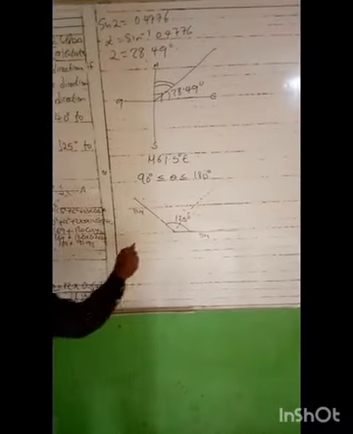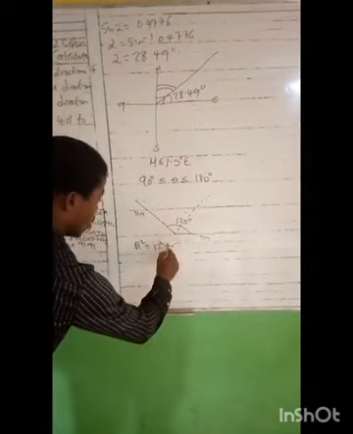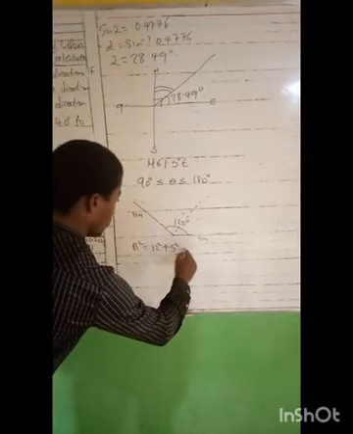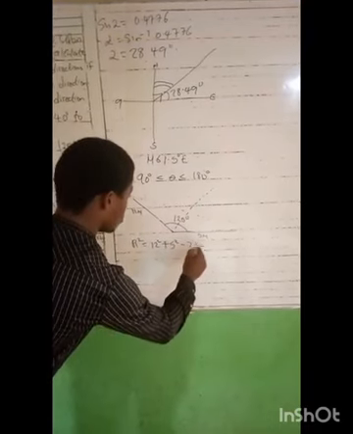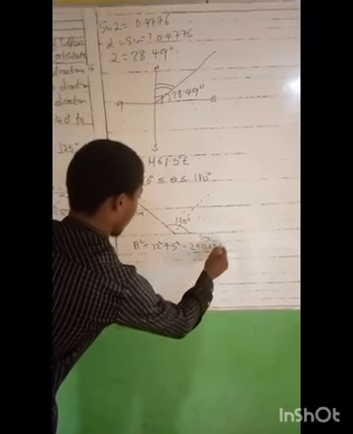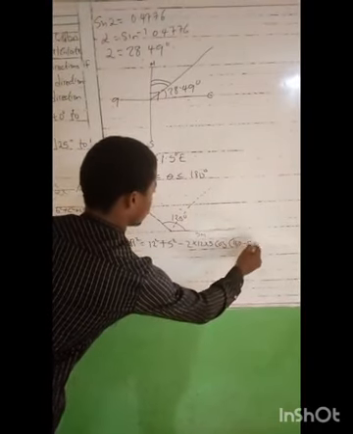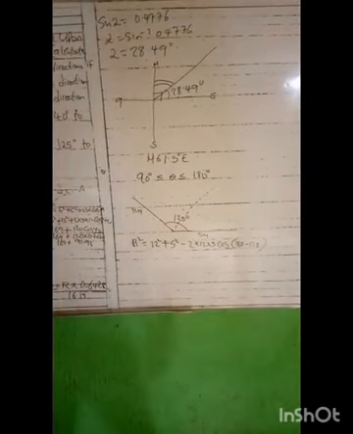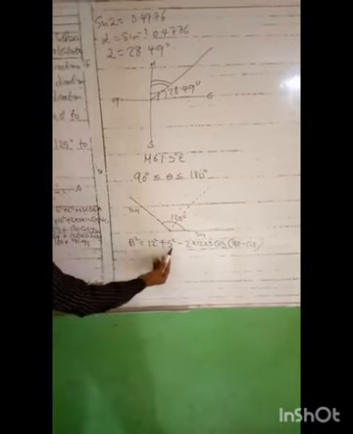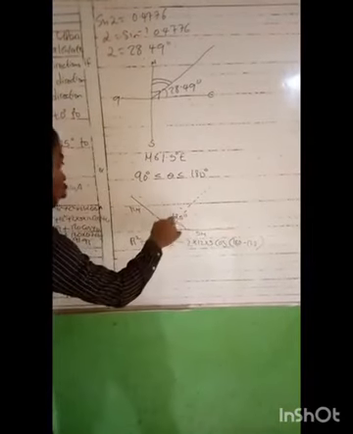What's my resultant? That's R squared equal to 12 squared plus 5 squared plus or minus either of the two, minus 2 times 12 times 5 cos (180 minus 125). Don't forget we said the other time you can also use 12 squared plus 5 squared plus 2 times 12 times 5 cos of this angle directly.